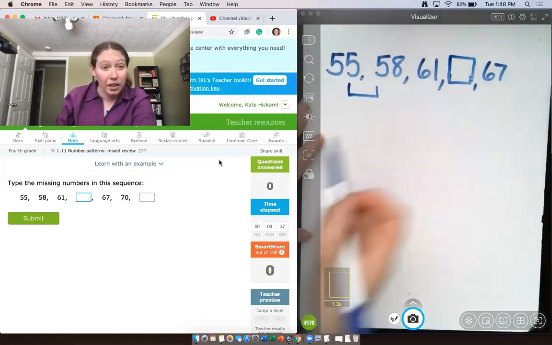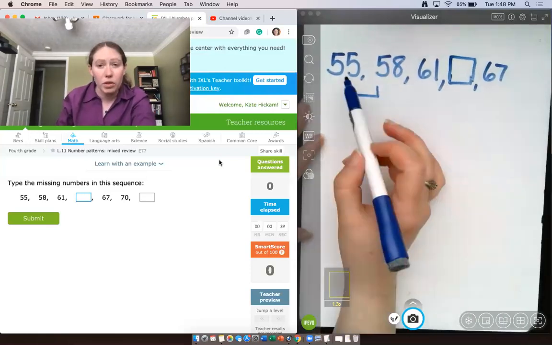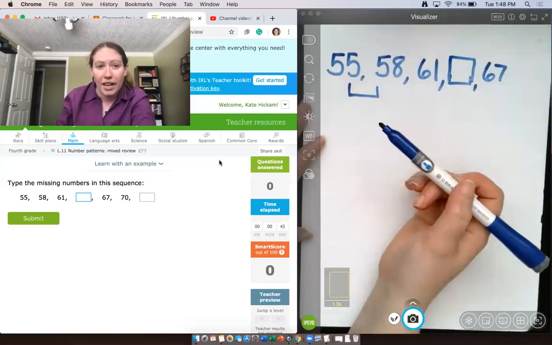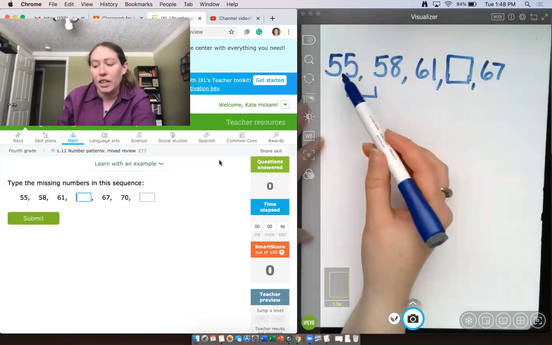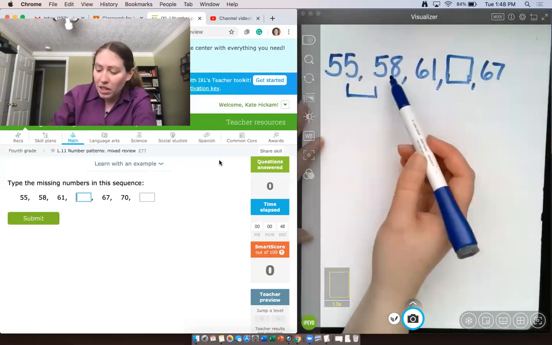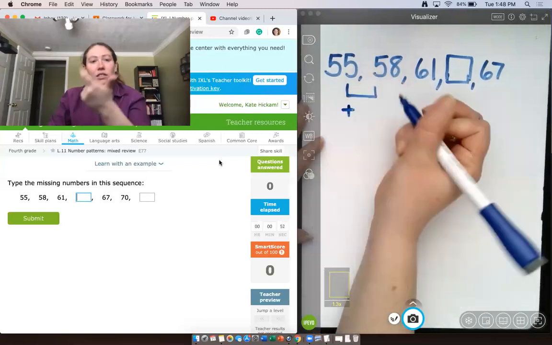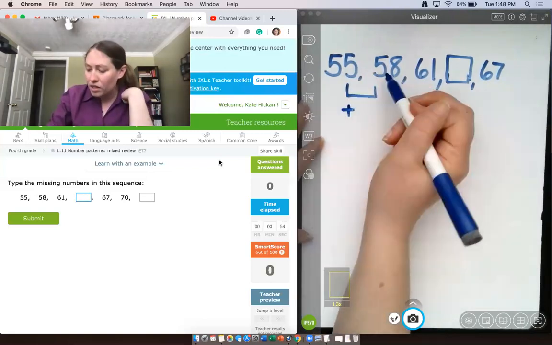Well, it gets bigger, so we know we're either adding or multiplying. In this case, since we can't multiply 55 by anything to make it equal 58, we have to be adding. So 55, 56, 57, 58. So we have plus 3.